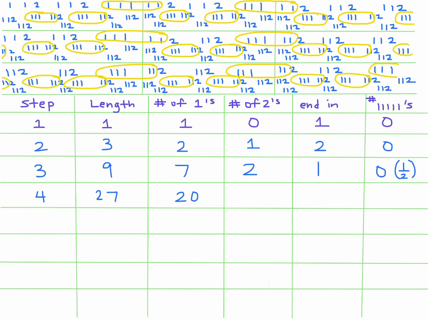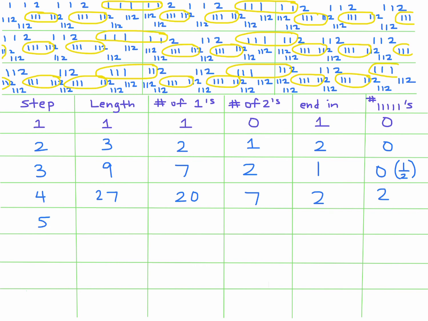And the number of 2s, 1, 2, 3, 4, 5, 6, 7. It ends in a 2, right? Because this is the last digit, it's a 2. And how many of these 5 1s do we have? We've got 2 of them. We got 1 here, and we got 1 there. So finally, we have a few full ones. And then you just continue like this.